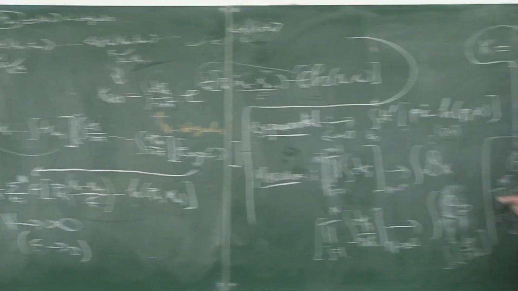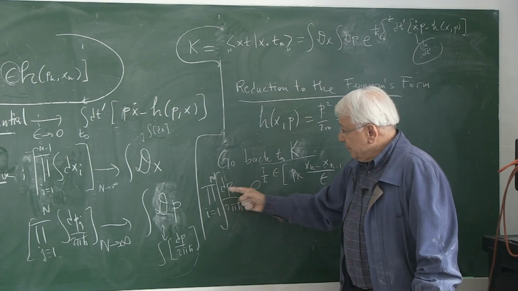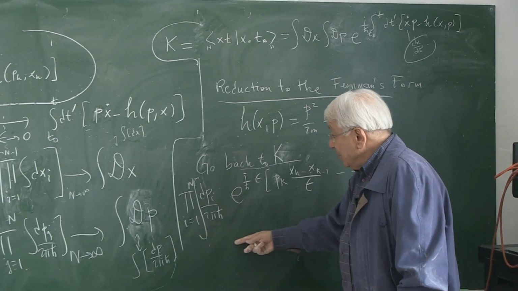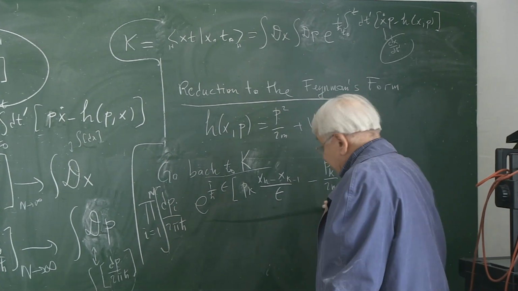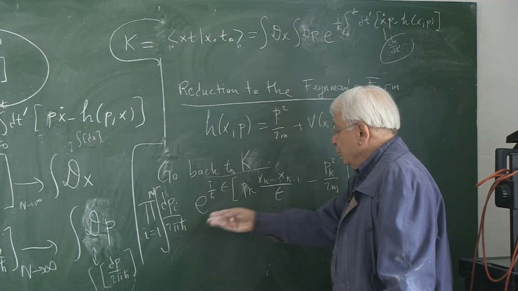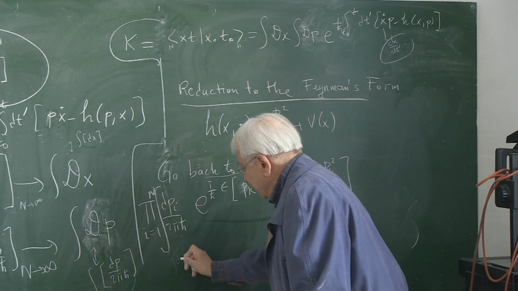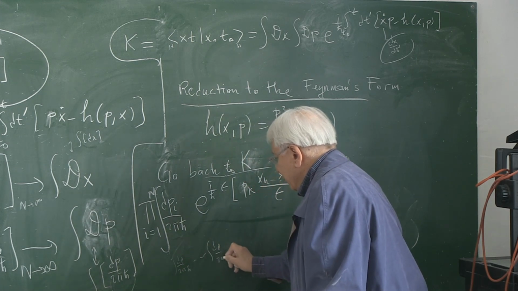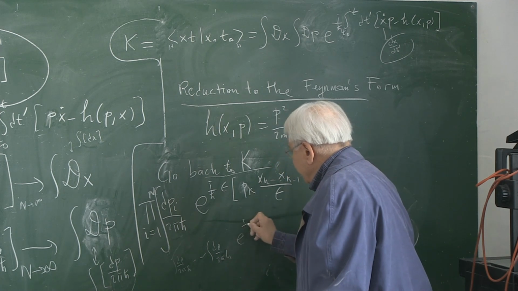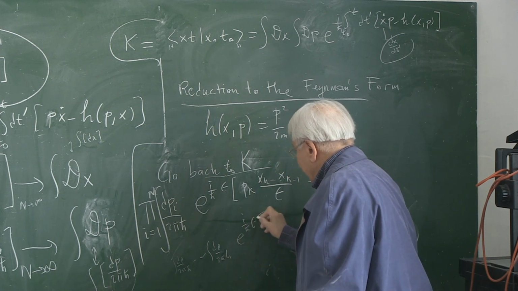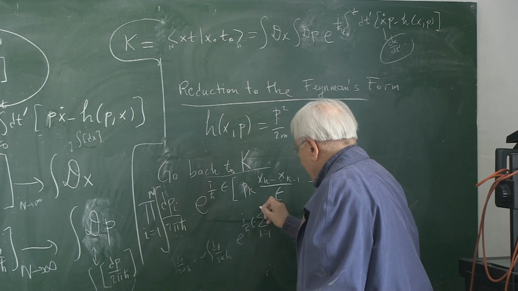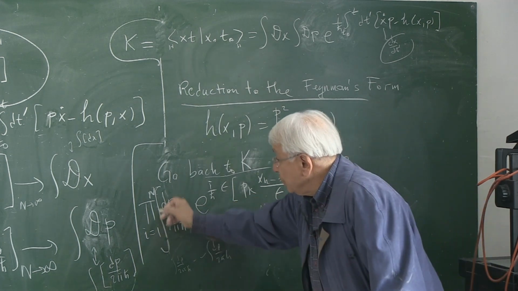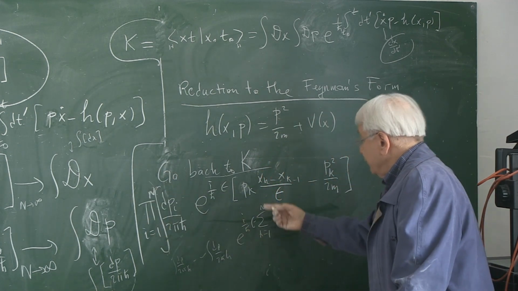Because this is a product: dp1 divided by 2 pi h bar, dp2 divided by 2 pi h bar. There are capital N of them, and each of them carries this. So it is easy to write this as dp divided by 2 pi h bar, dp divided by 2 pi h bar, and combine all these. This is symbolic, k from 1 to N. This way of writing is the same as that way of writing. This product takes care of this exponential.